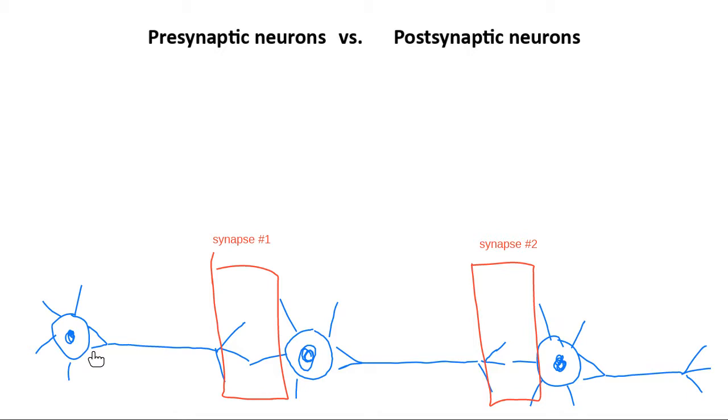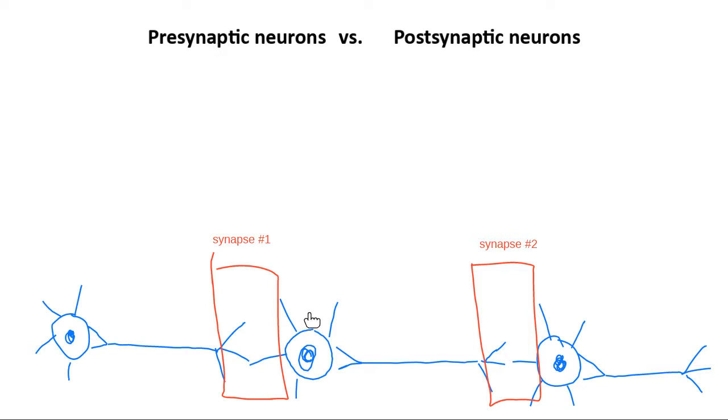When we're talking about this neuron relative to synapse number 1, this is my neuron that brings messages to synapse number 1. So this is my presynaptic neuron. This neuron is receiving messages at synapse number 1. If you receive messages, you are a postsynaptic neuron.